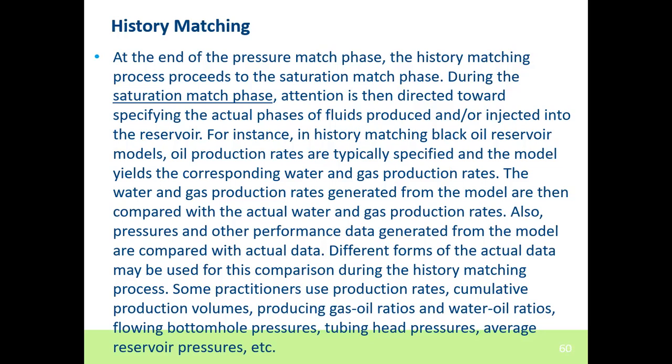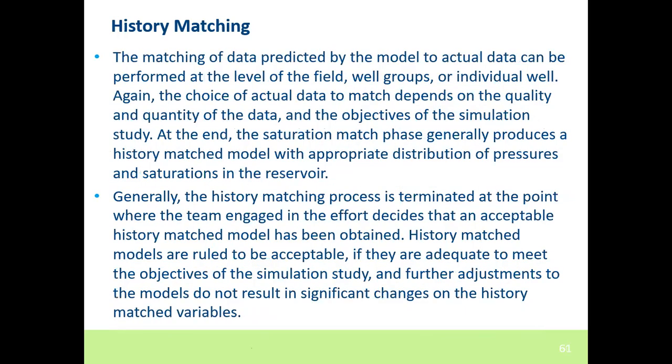Also, pressures and other performance data are compared. Different forms of actual data are compared, but I think the core thing is to look at your oil production, your gas oil ratio, your water oil ratios, of course, from different wells, and then your average reservoir pressures.